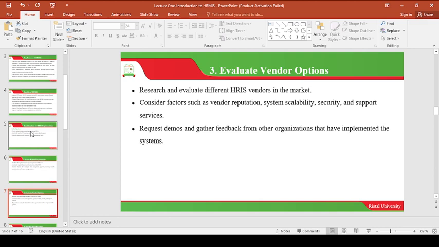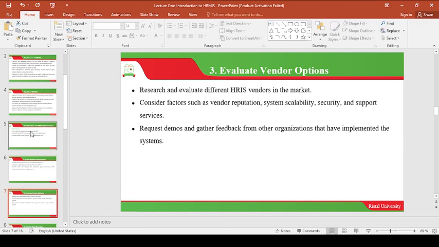Then you need to consider factors such as vendor reputation, the system scalability, security, and the support service. When we talk of reputation, we are talking about the brand identity. How is that system in terms of reliability?